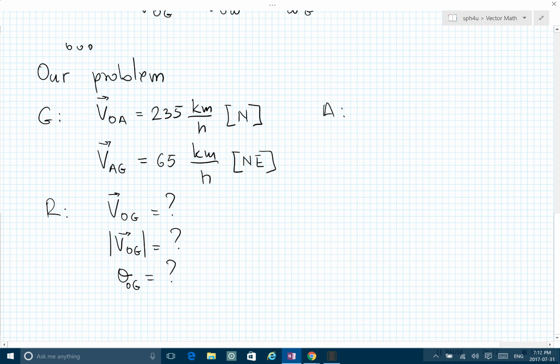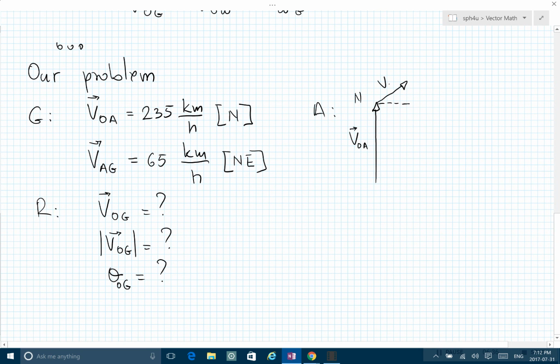So many ways to solve this. We can do as always a component method. Let's just draw it to see what it looks like. The airplane is moving north with respect to the air, so this is the velocity of the airplane with respect to the air. However, there is a wind going at 45 degrees with east. So this is the velocity of the air with respect to the ground.